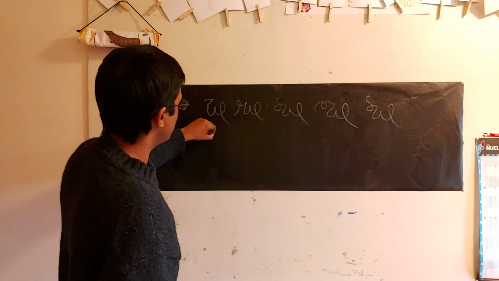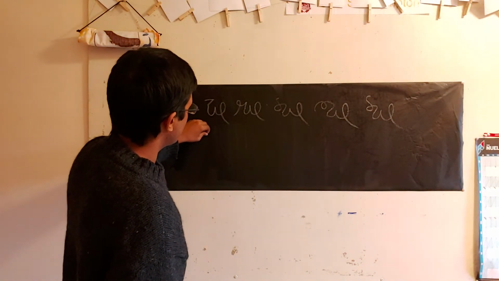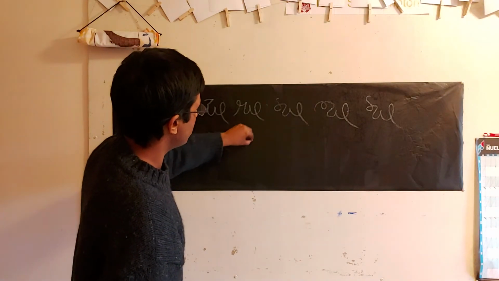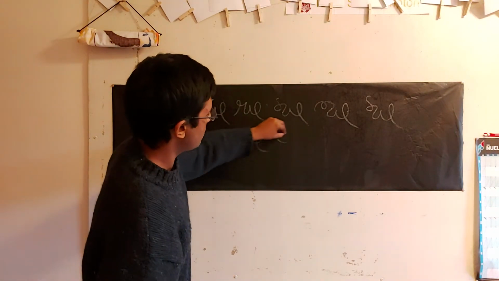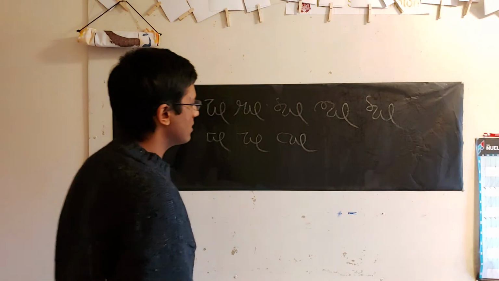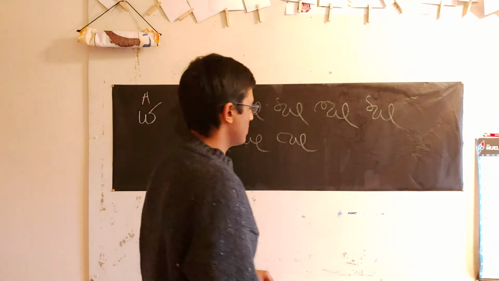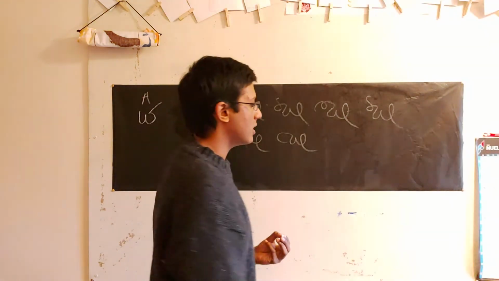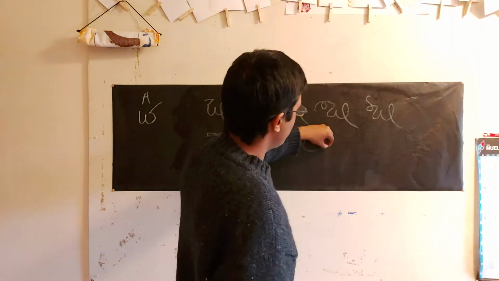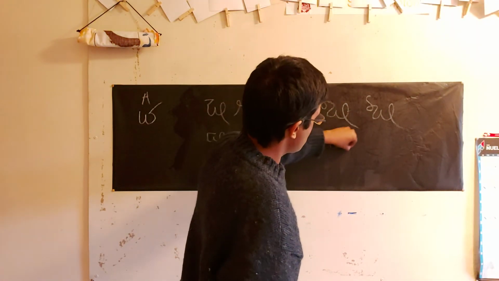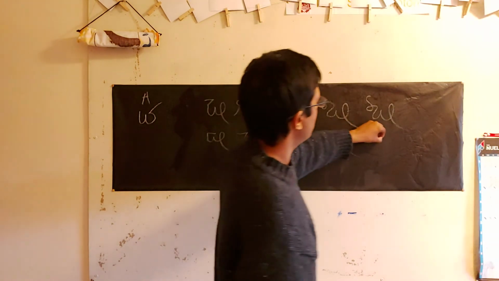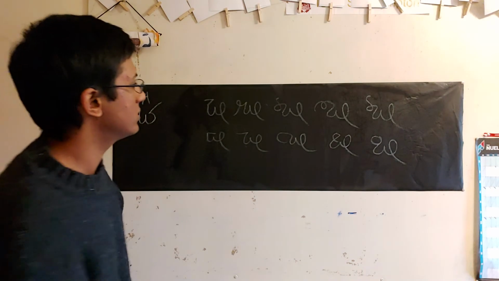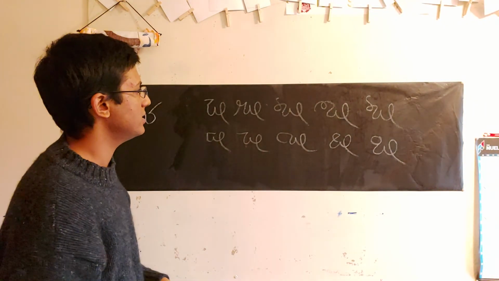Then we can do e, V, we. And we can do R and L, that are the last two consonants. Ri and Li. So those are our final consonants.